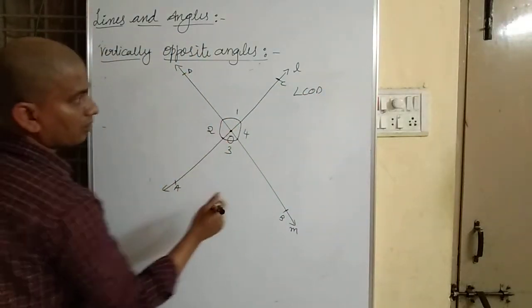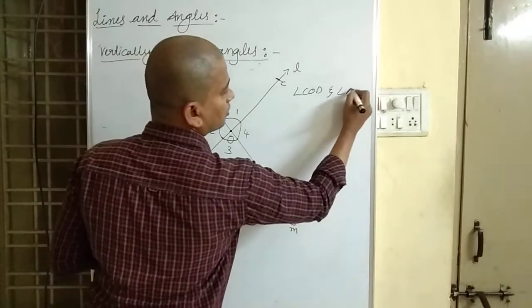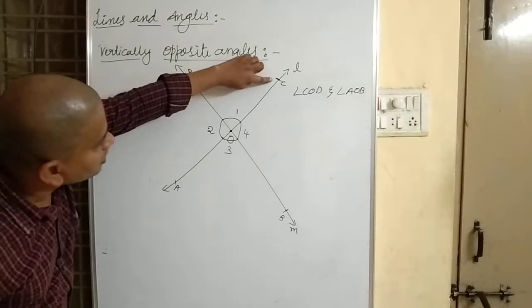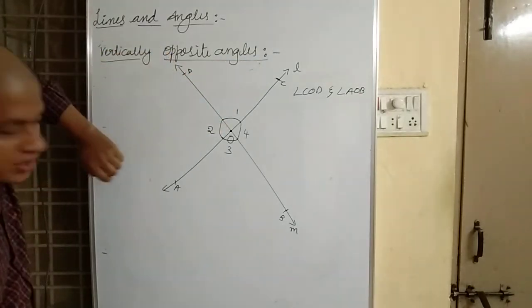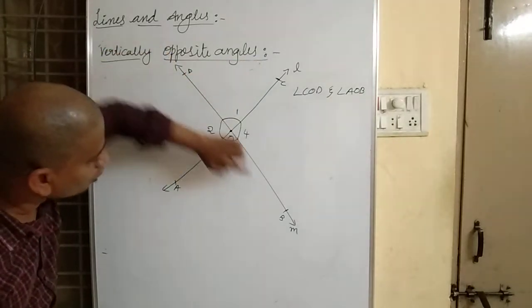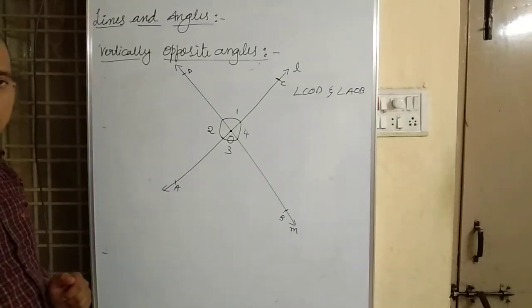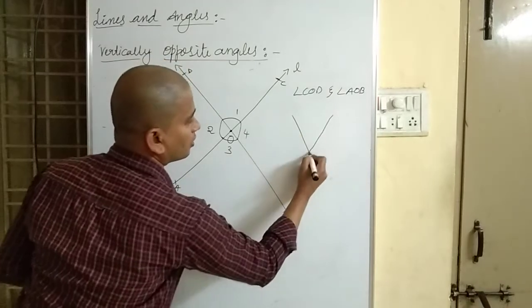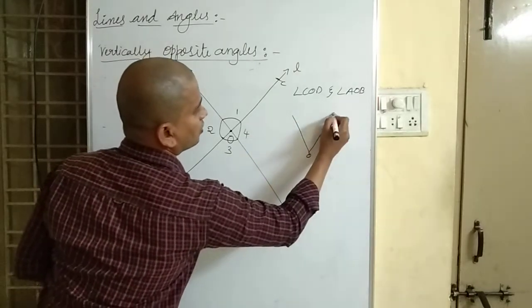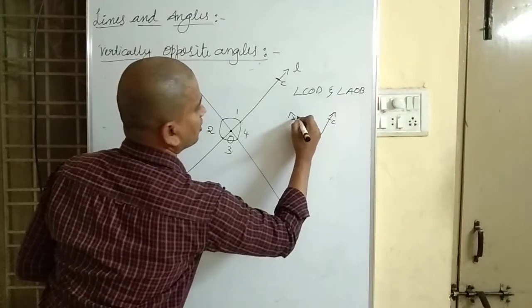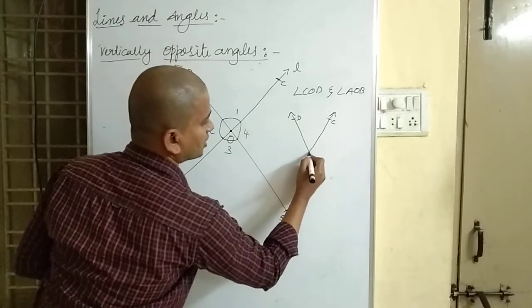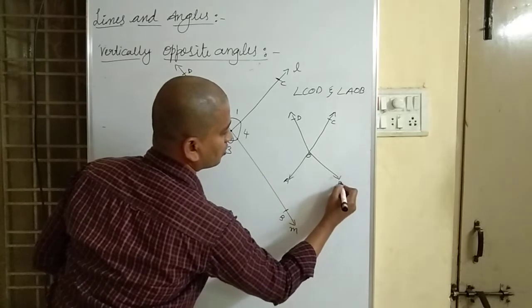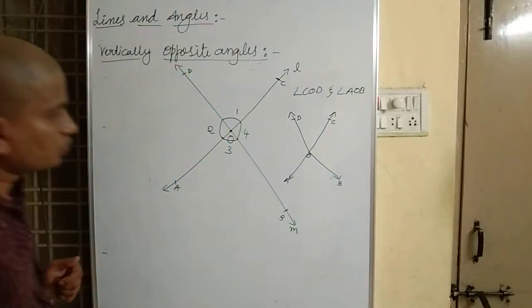And angle AOB. See, the first angle is COD, and the second angle is AOB. Let me draw here O, C, D. The second angle is these two angles.